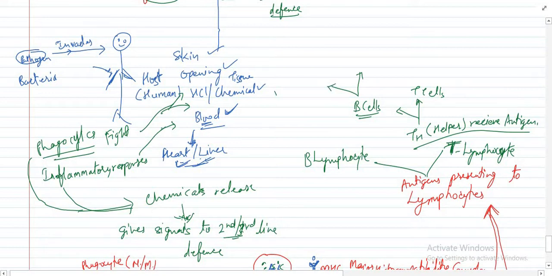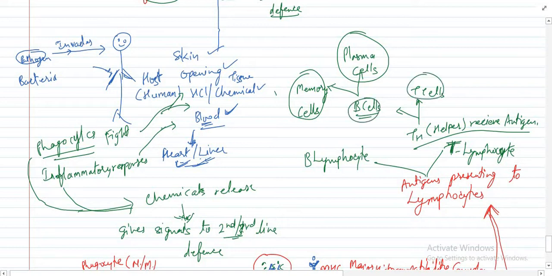One is the memory cell and another is the plasma cell. Plasma cells start secreting antibodies.